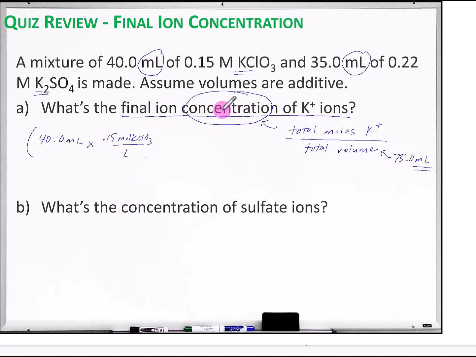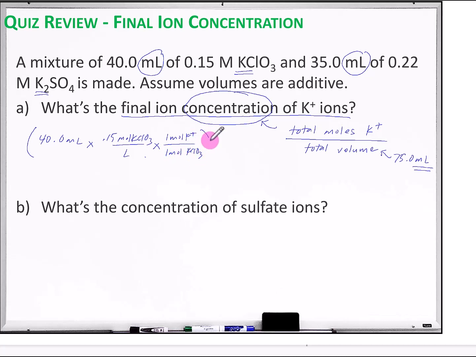And my final unit is going to end up being moles per liter. This is an actual unit, called a millimole. If you multiply a milliliter times a molarity, it's called a millimole. It's an actual thing. All right, so 1 mole of K+ over 1 mole of KClO3.